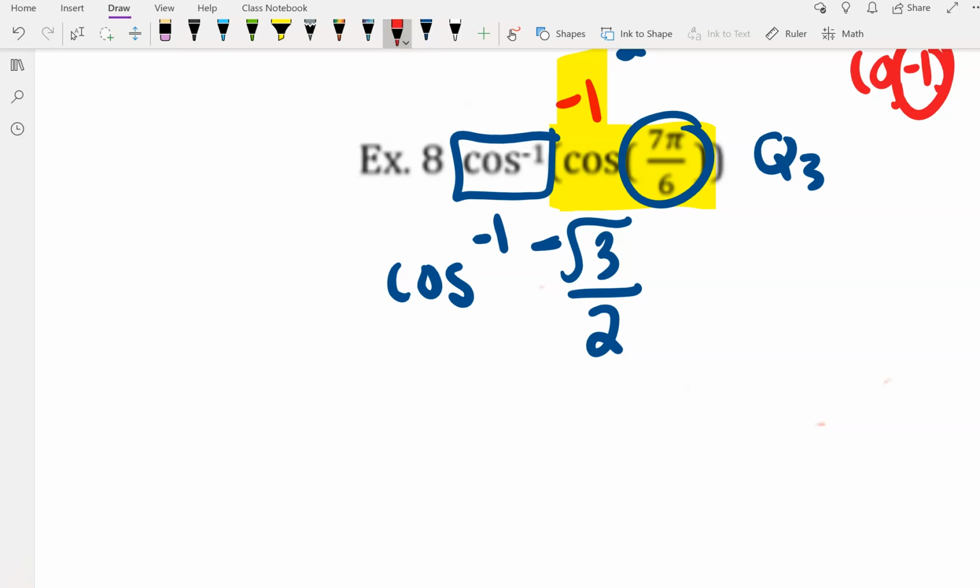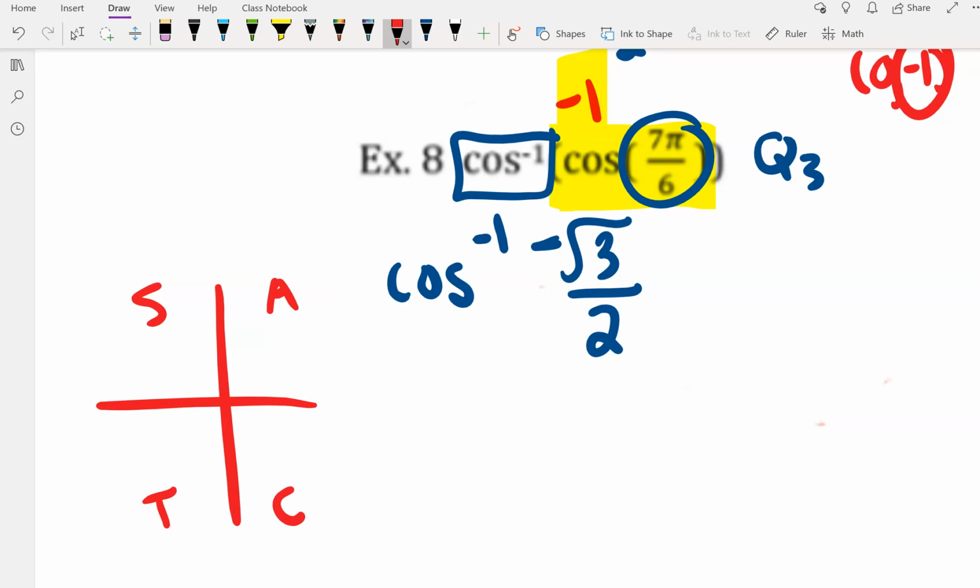So I'm going to draw a picture of this. I think it makes a lot more sense to me when I have a picture. A smart trig class. I see that I have a negative here, and it's cosine. So my only options for negatives for cosine are going to be quadrant 2 and quadrant 3. Okay. But remember, when we're doing inverse cosine, we're only allowed to be in quadrant 1 or quadrant 2. That's where the principal values are. So we've got to be in quadrant 2, and we're trying to do inverse cosine of root 3 over 2.